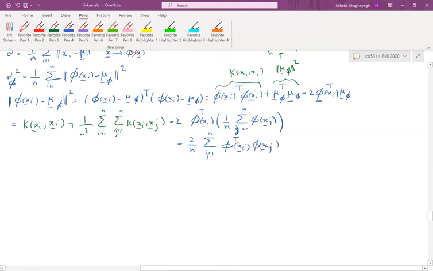Okay, nice. Now I have another familiar term here, right? This is the kernel between xi and xj.